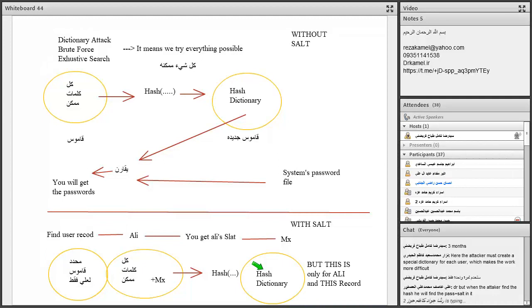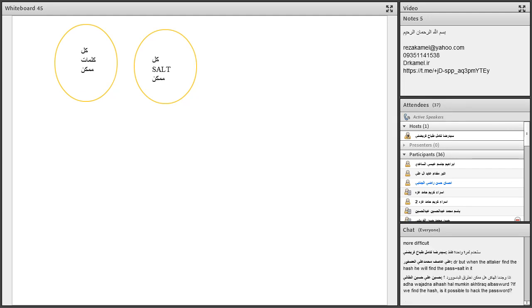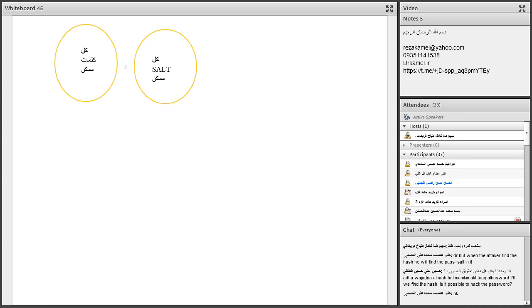Here you see we say all possible words. Okay, I will use another board. If you take all possible words, and then you have another one, all possible salts, if you add these two, you will have a very big file.